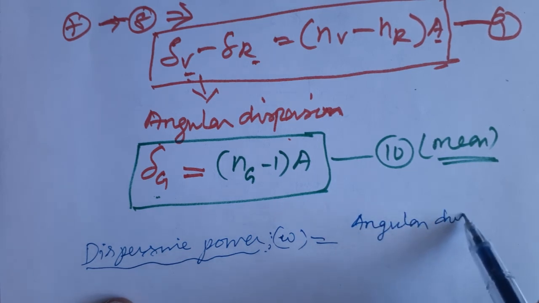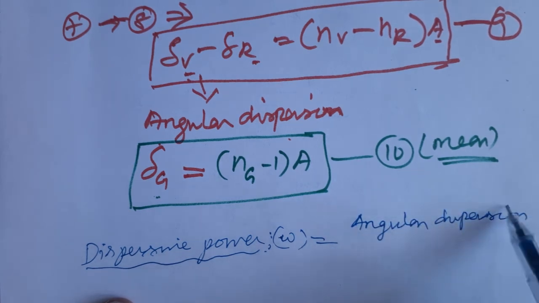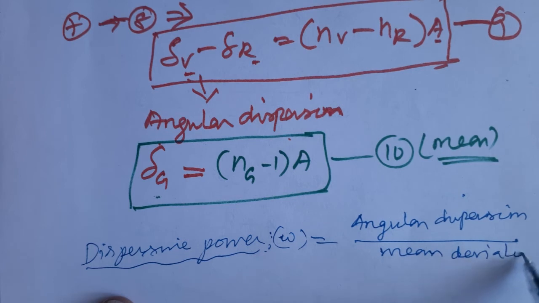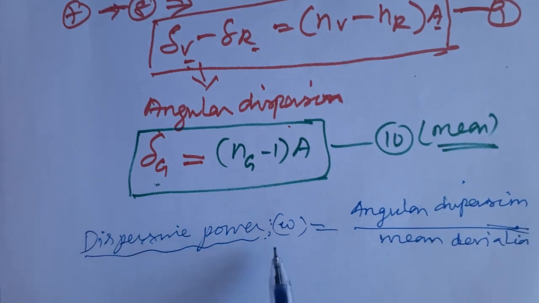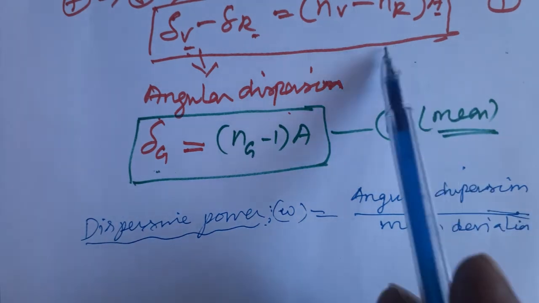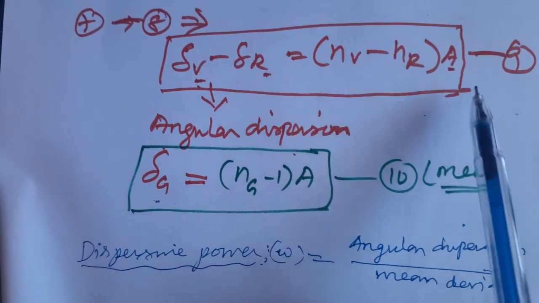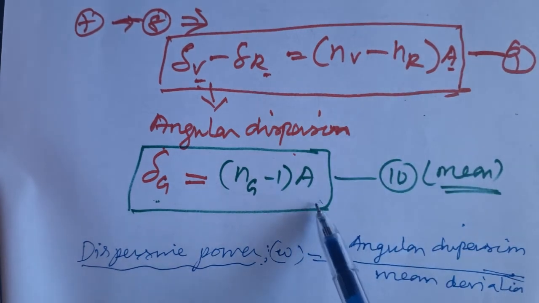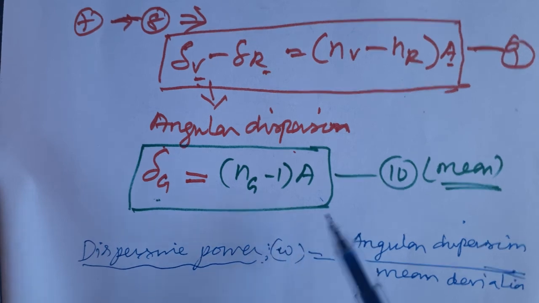So we already derived the equations for angular dispersion and mean deviation, equations 9 and 10. So this is angular dispersion and this is mean deviation. Substitute these 2 values here.